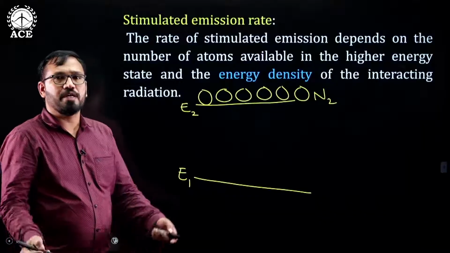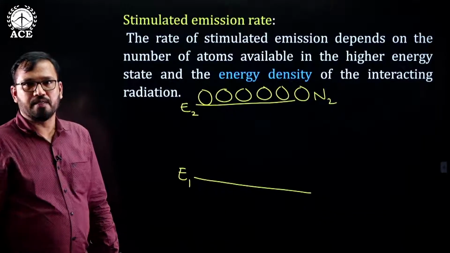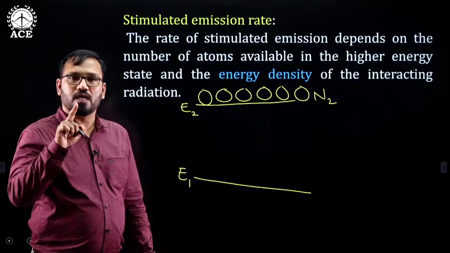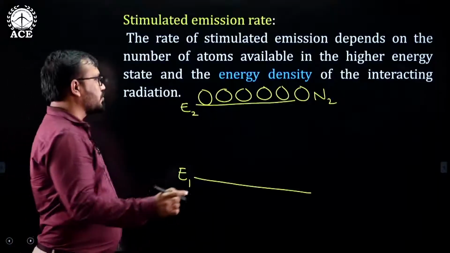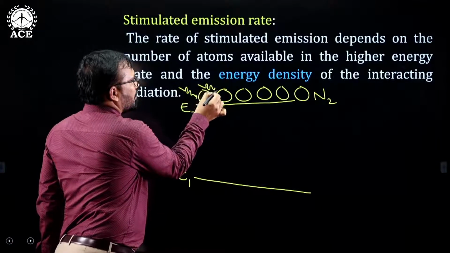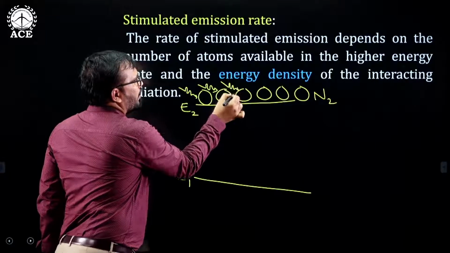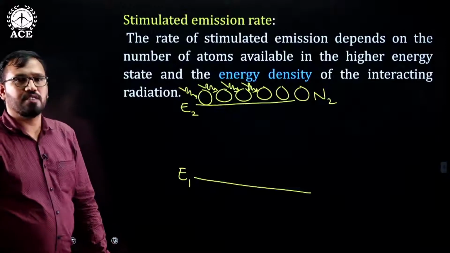Stimulated means, immediately you have to recall what I said: whenever the term stimulated is used, it means external photons are used, external photon density is used. These are the external photons.